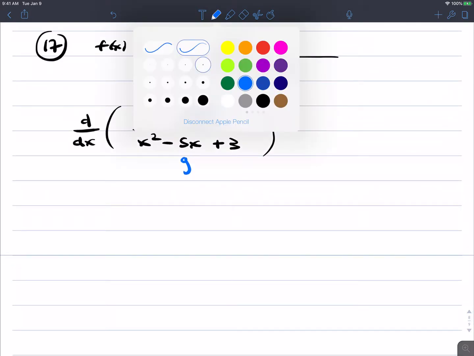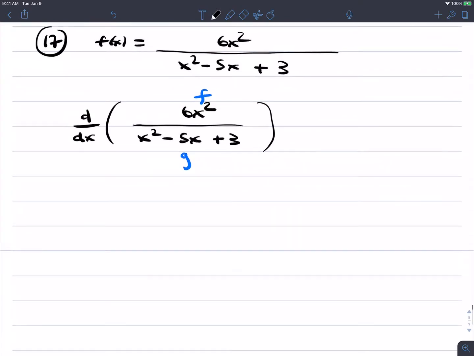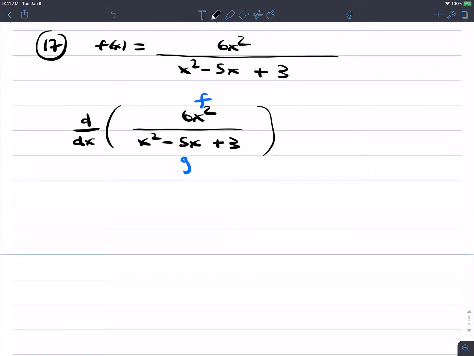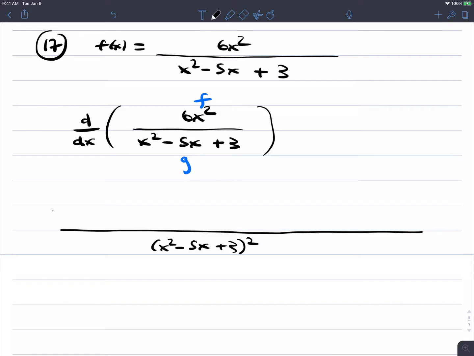Now remember, here's what we're going to do. By now we should know this formula. We're going to have to square our g. X squared minus 5x plus 3 becomes squared.